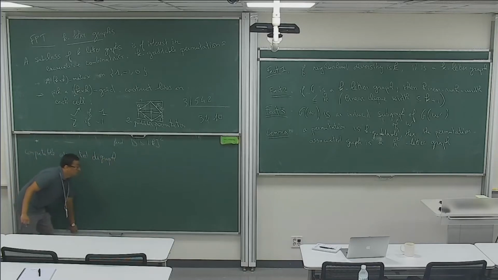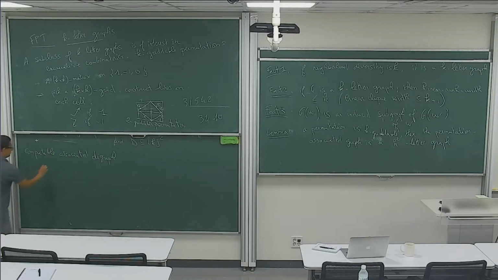So now the compatible graph of this is the following. G is given.